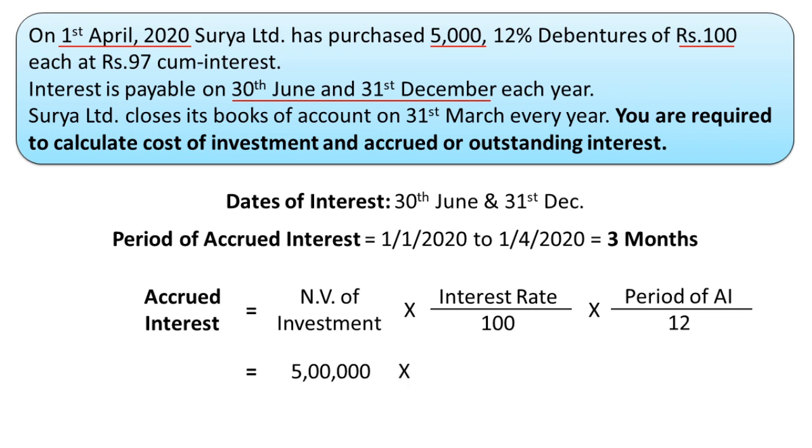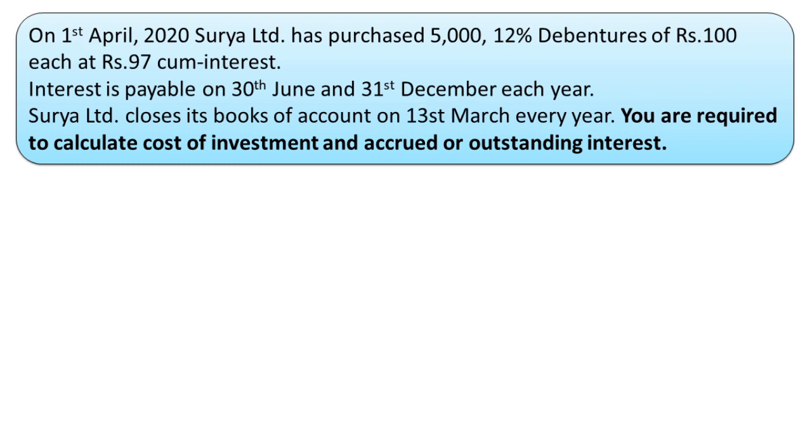Interest rate is 12%. So 12 divided by 100 multiplied by period of accrued interest that we have calculated, 3 months. So 3 divided by 12. So the answer of accrued interest is rupees 15,000.